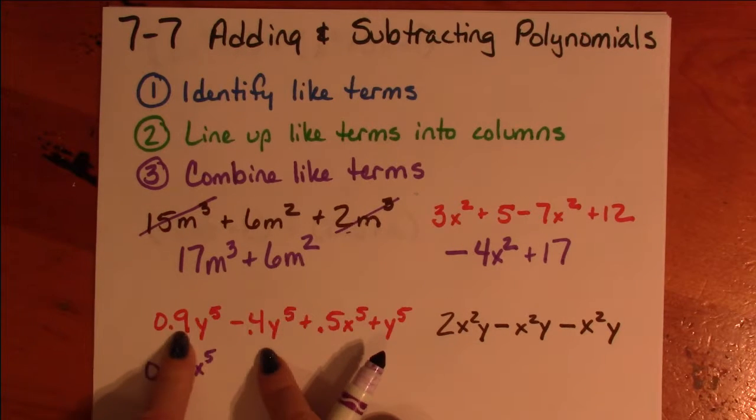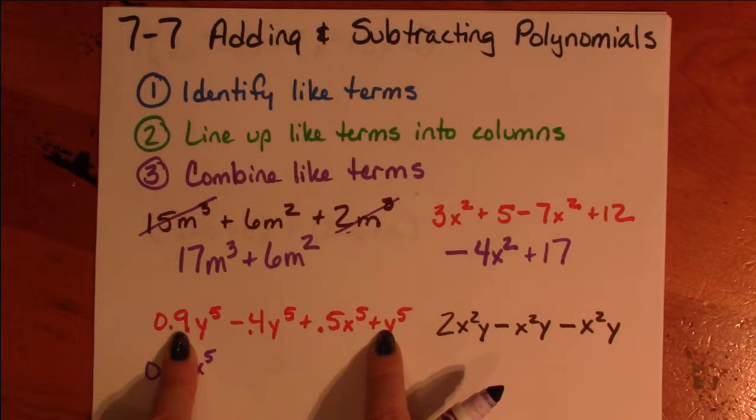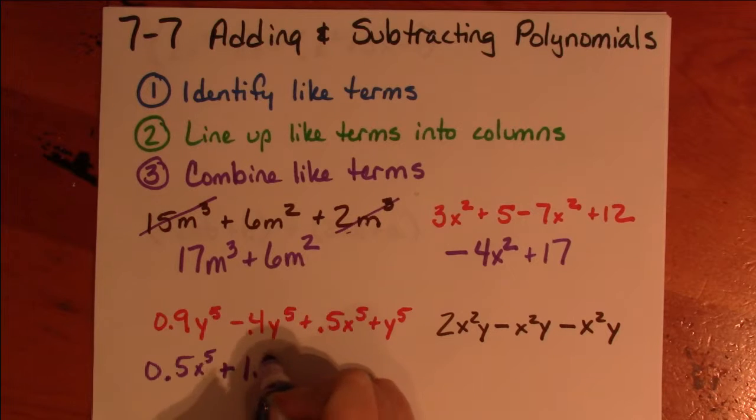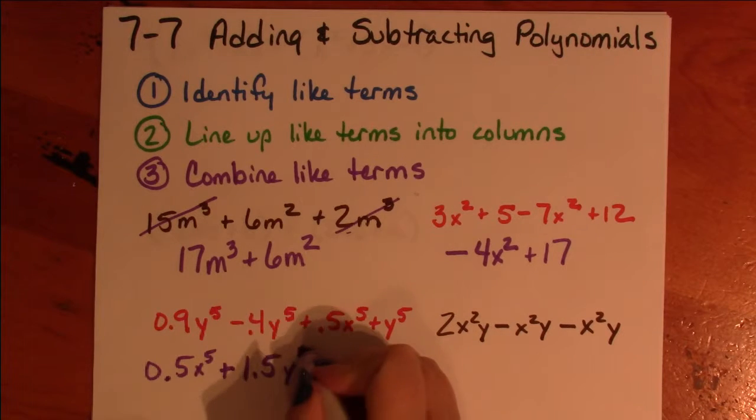And I have 0.9 minus 0.4, which gives me positive 0.5, plus 1 gives me a total of a positive 1.5y to the fifth.